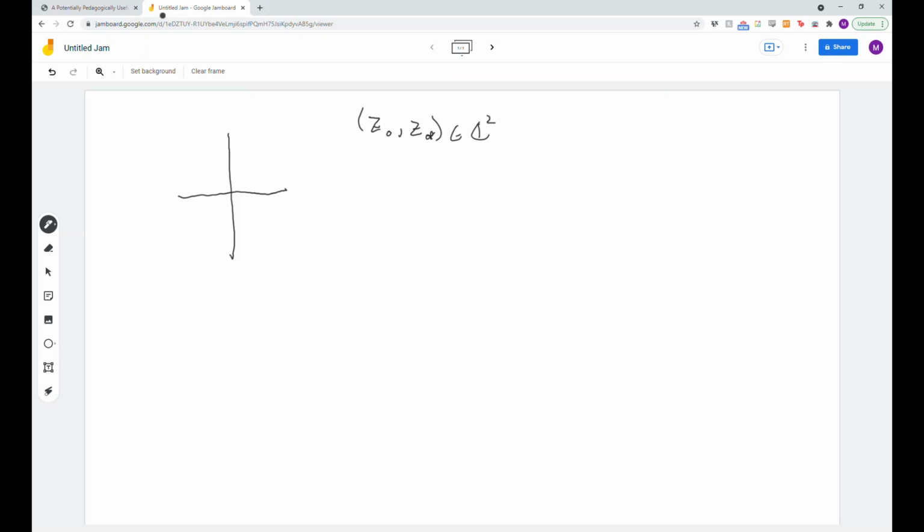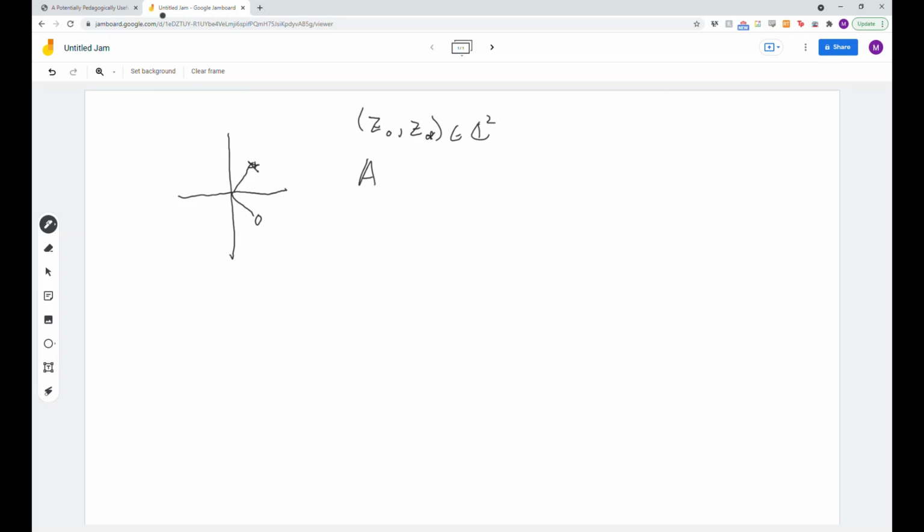And the reason for these kind of unconventional subscripts is going to be obvious in a second, because what we do is we represent it by a pair of complex numbers in C or R2, and this pair is a single vector in C2.